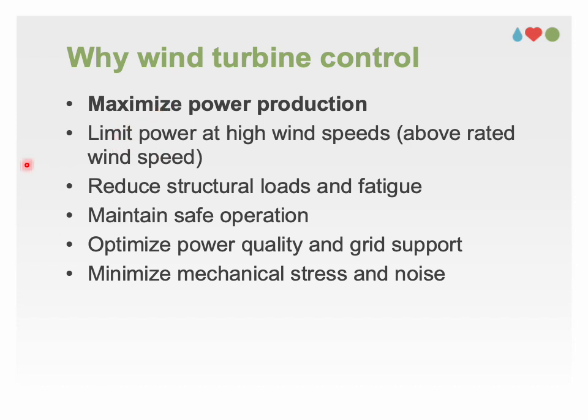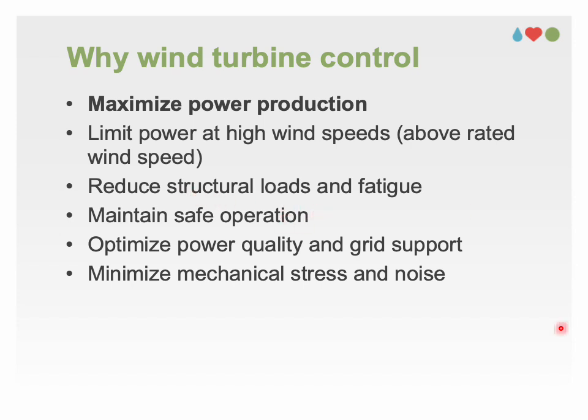Limit power at high wind speeds, for above rated wind speed. Once rated power is reached, the controller prevents overproduction, using pitch control to reduce aerodynamic efficiency and keep output near rated power. Third objective is to reduce structural loads and fatigue.